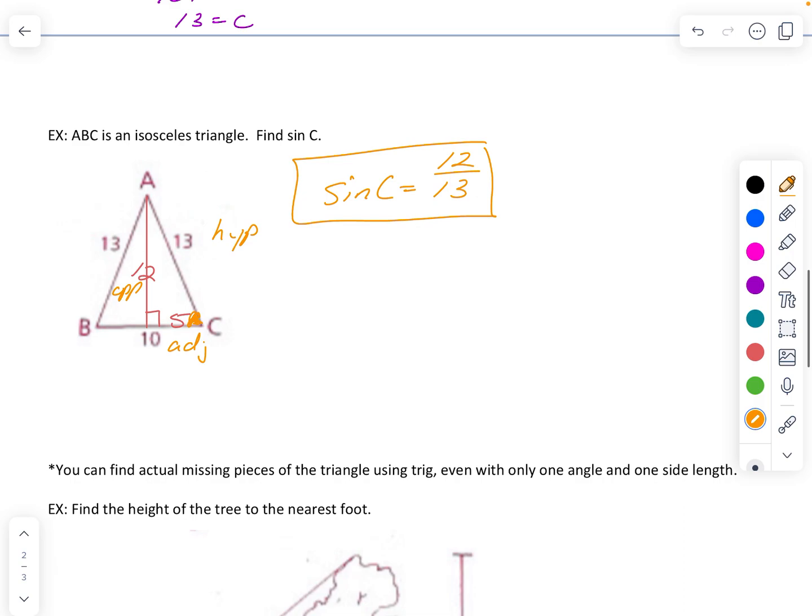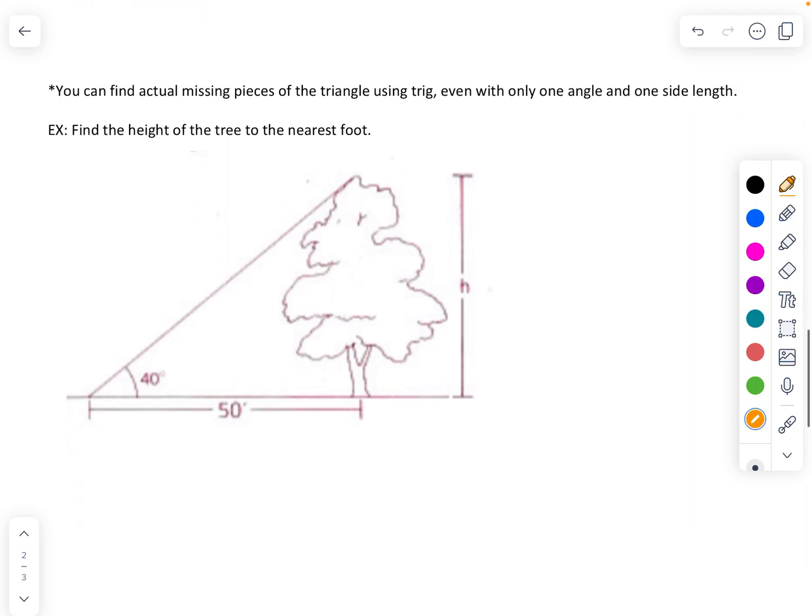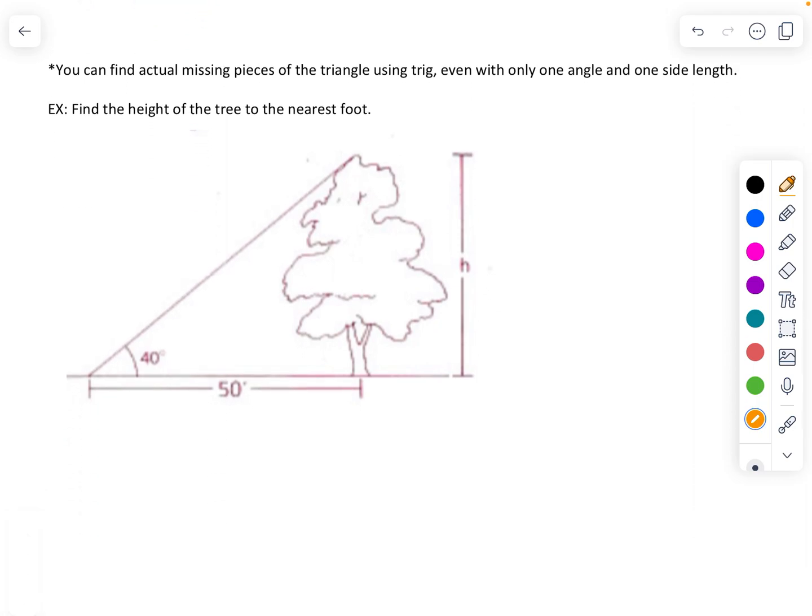Now, everything we've done up to this point has just been writing and simplifying the fractions, the ratios with regard to sine, cosine, and tangent. But now in this problem, you're going to see how we can use trigonometry to solve for missing pieces. First of all, I'm going to draw this straight down.